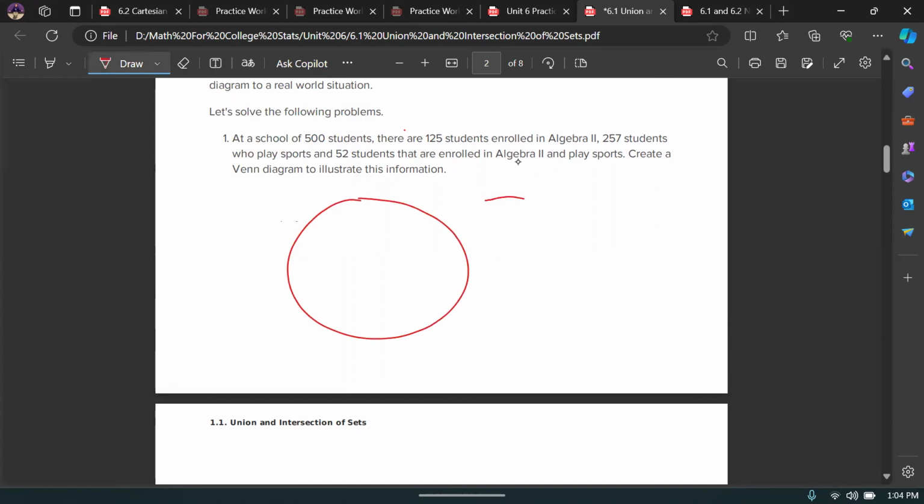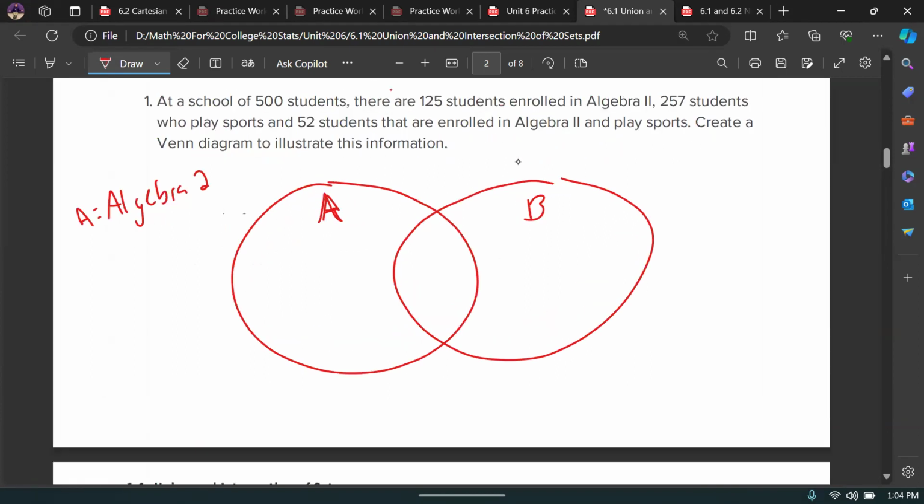All right, I'm going to call this A and this one B. Remember, set A is going to be Algebra 2. Set B is going to be those who play sports.